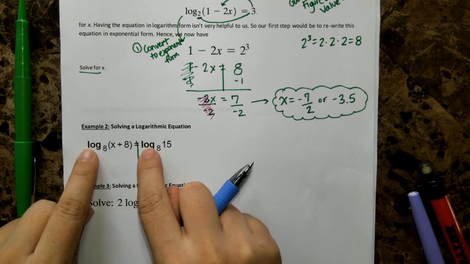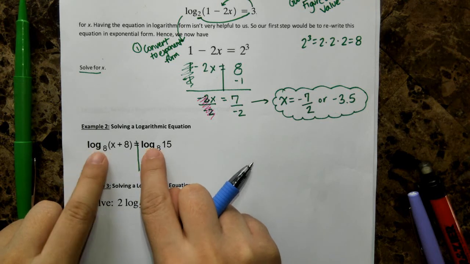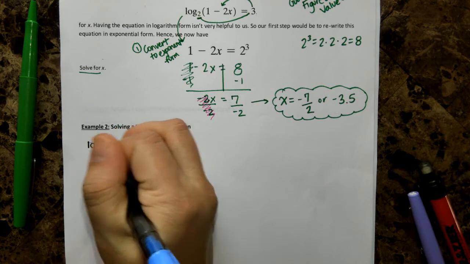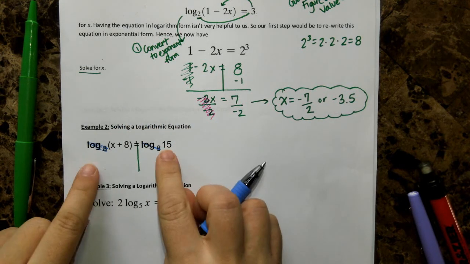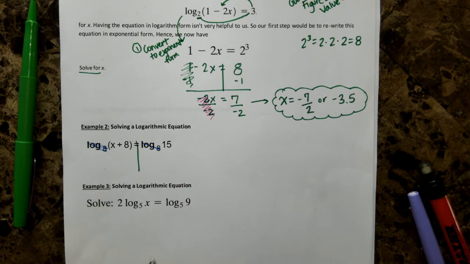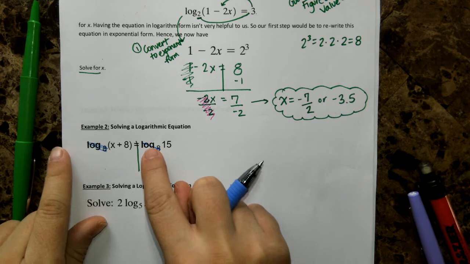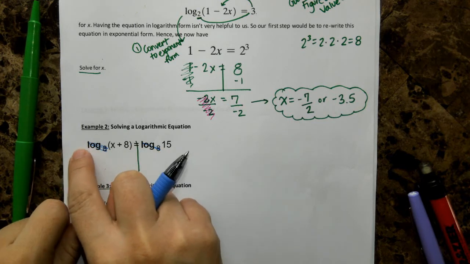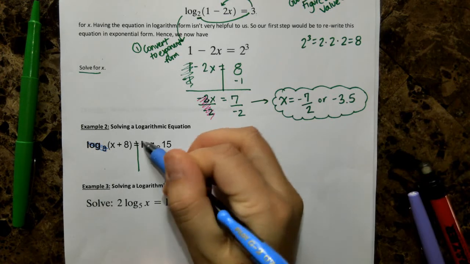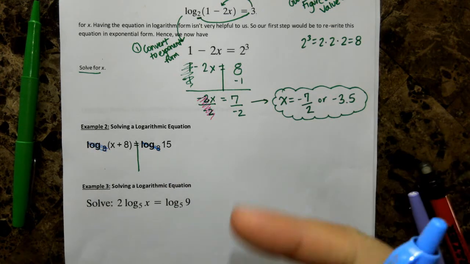Well, if they both have the same base 8, and they're both taking the logarithm, you can pretty much just cancel out the logarithms because they're the same on each side. Now, that only works when there's no other terms involved. Like the next example, there's a 2 in the front, you'd have to worry about that. But there's no other terms outside of the logarithm, no coefficients or other terms being added. So we can really just cancel them out because those are the same on each side.